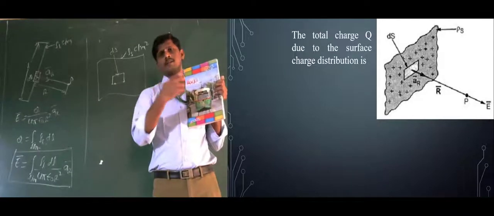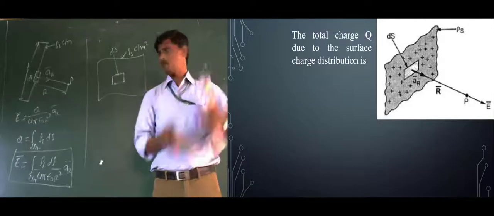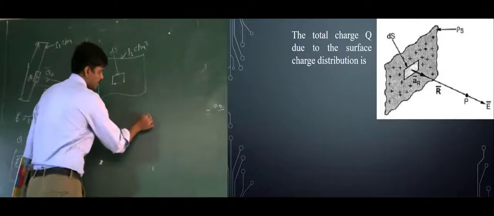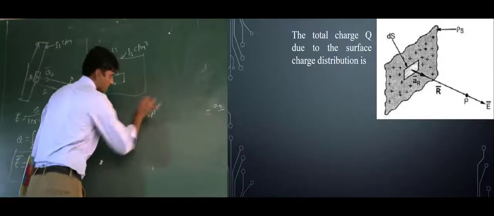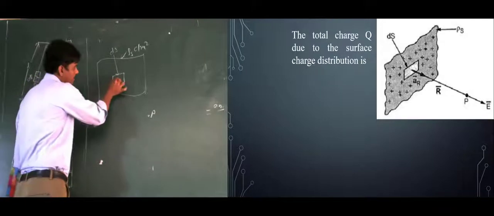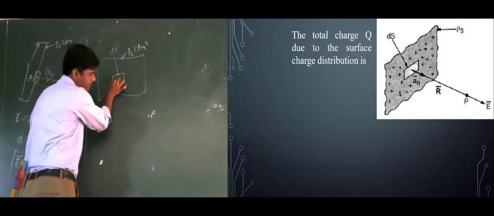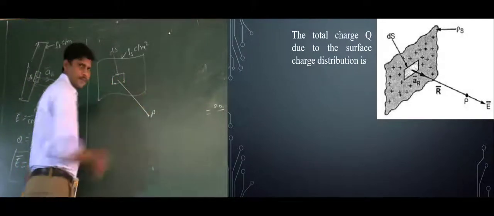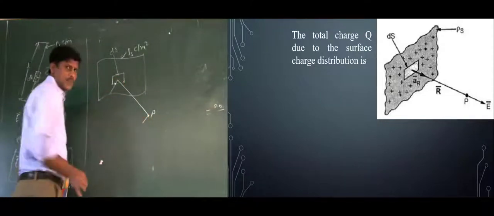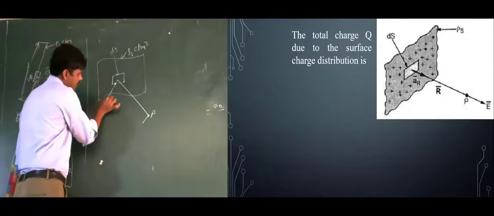Draw the vector line from the elementary surface sheet to point P, and the distance between them is r.